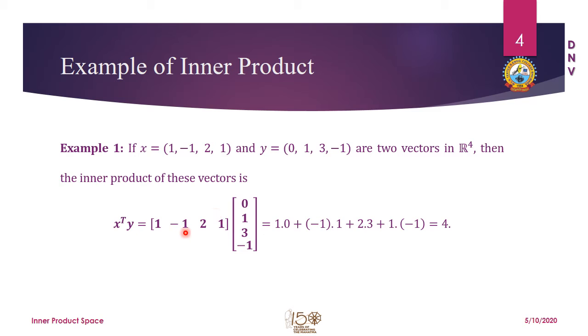When we multiply it, we get a 1 by 1 matrix. So the corresponding components are multiplied: 1 by 0, minus 1 by 1, 2 by 3 and 1 by minus 1. When we multiply and add them, we get 4. So this is the simplest example of inner product we are going to take up in the discussions.